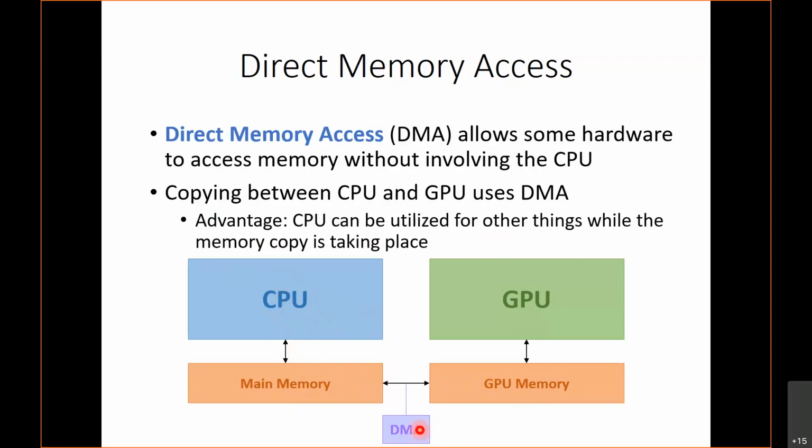What's the disadvantage of using DMA? Well, not necessarily a disadvantage, but what is something that we have to pay when we use DMA? Maybe when you give it an order, you cannot stop it. Maybe.